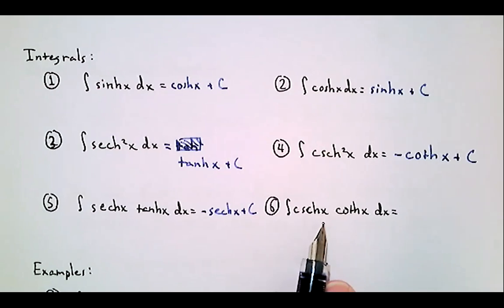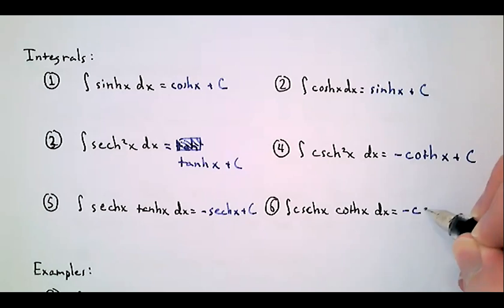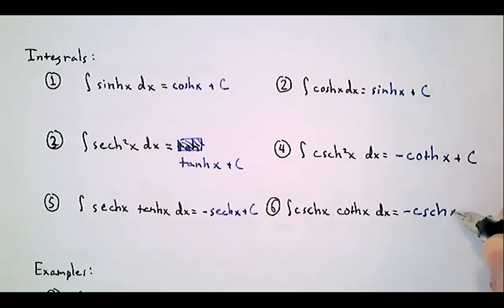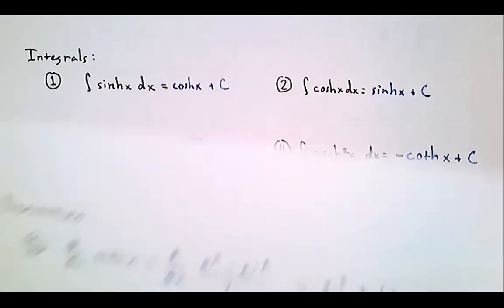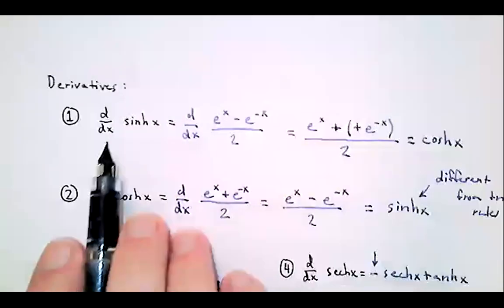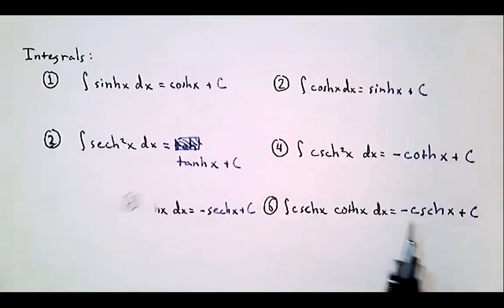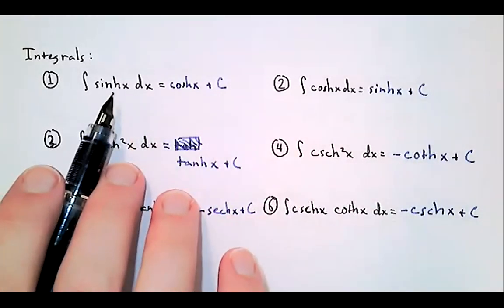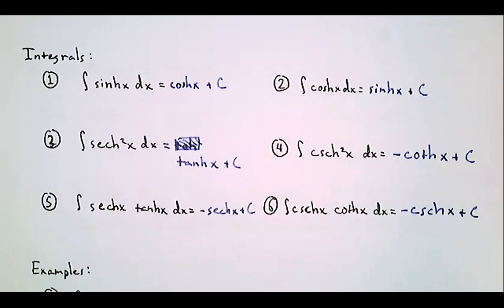And then here we have hyperbolic cosecant, and again we need a minus sign. Okay, and as I said, these rules are totally analogous to the derivative rules. They're just written in the opposite order. So here we have the derivative is equal to something, and then this just reverses it. So the derivative is essentially here, and the original function is here on the right.